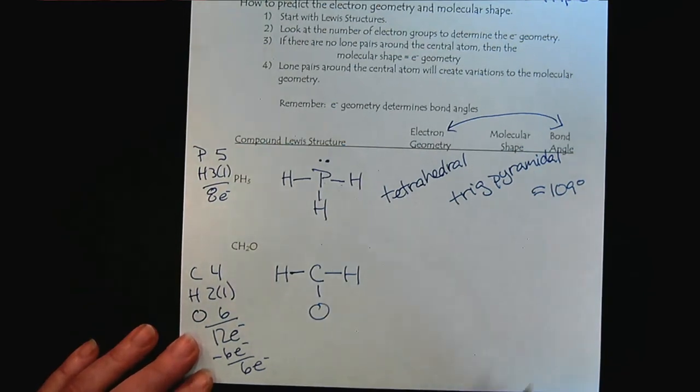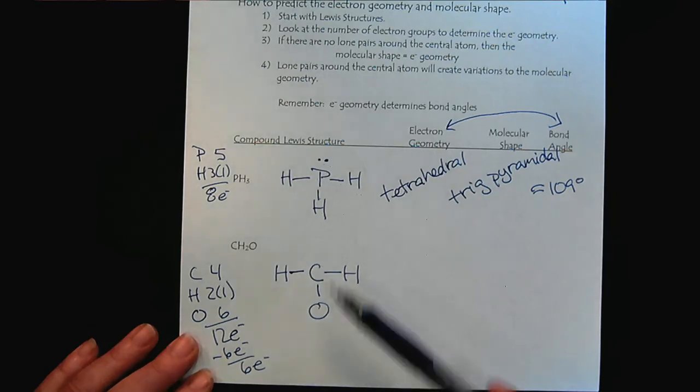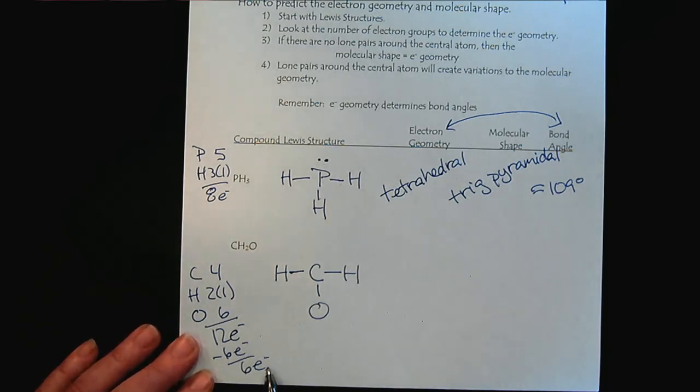Using our understanding of bonding patterns, and if drawing these Lewis structures you're finding confusing, there is a video tutorial that does focus specifically on drawing the Lewis structures. So if you need more practice with drawing Lewis structures, please take advantage of that resource. We have 6 electrons here that are left over.